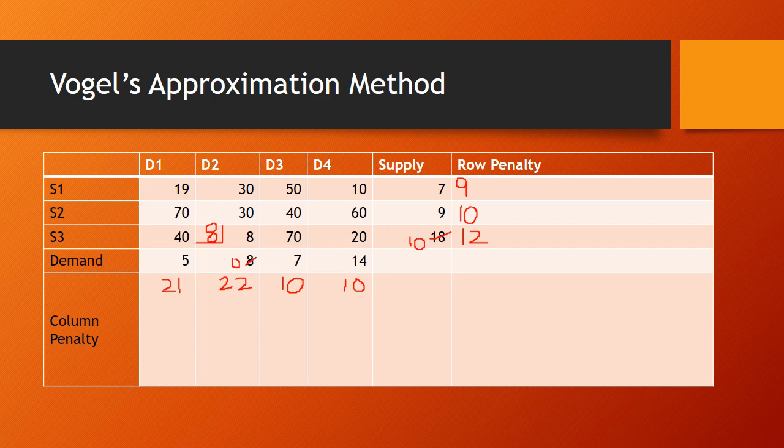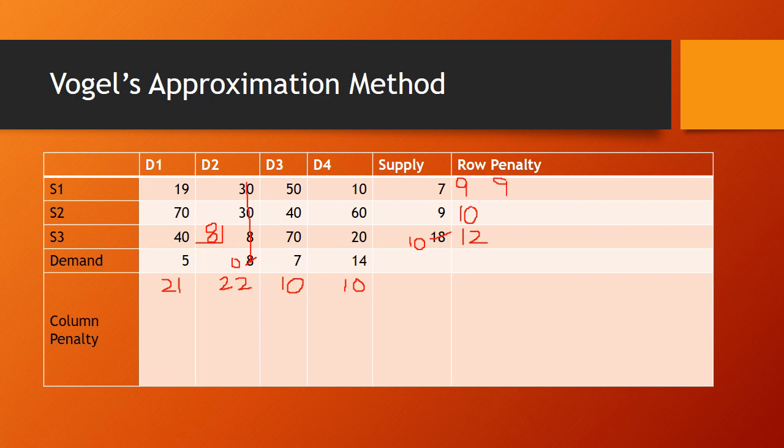Same as we were doing earlier, because the demand of D2 has been met, we will cross out the D2 column. When we cross out D2, our penalties will change and we will have to write the penalties again. Coming to the first row, S1, our penalty will be the same, 19 minus 10, that is 9.